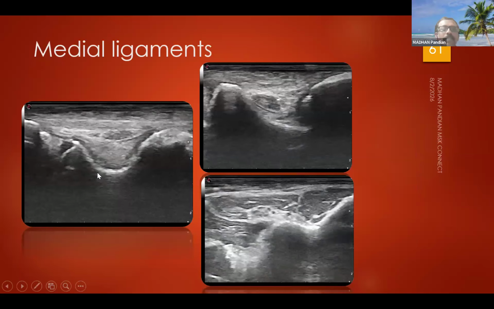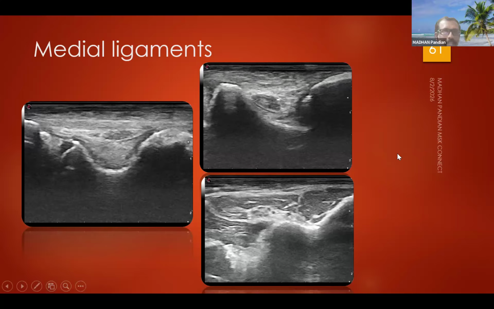So these are the medial ligaments which we are just discussing. This is the Osborne ligament, and this is the posterior band of the ulnar collateral ligament. You can see the flattened ulnar nerve, and this is how it looks when the patient's elbow is flexed and extended. You can see the differential position of your ulnar nerve, and sometimes it looks compressed on flexing.